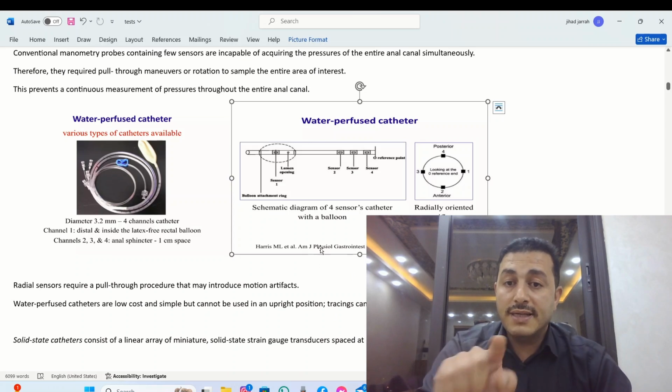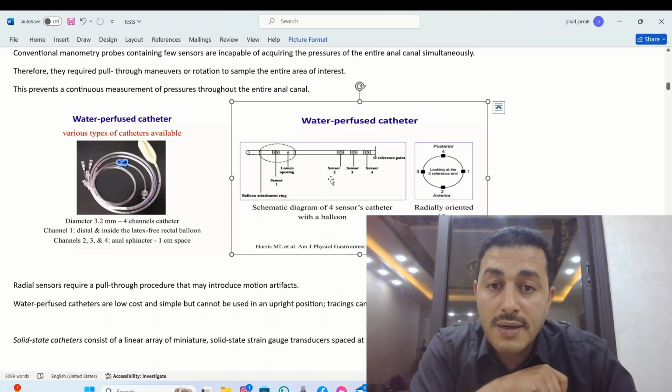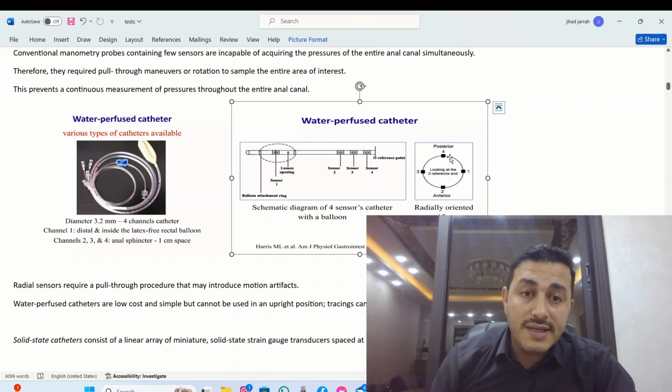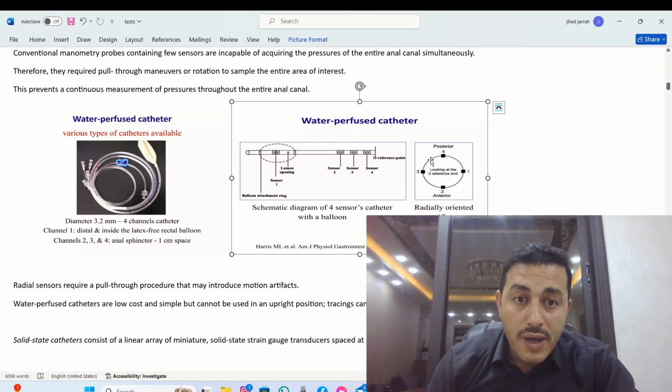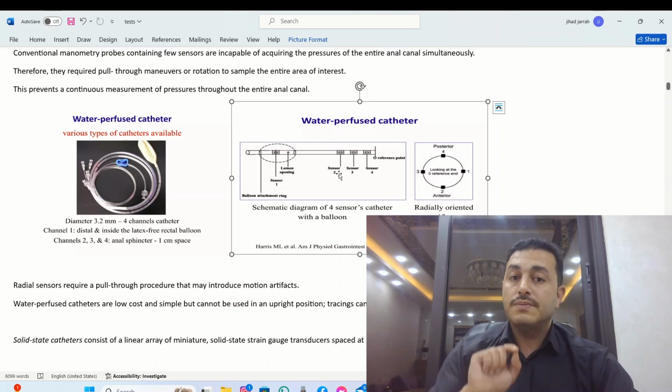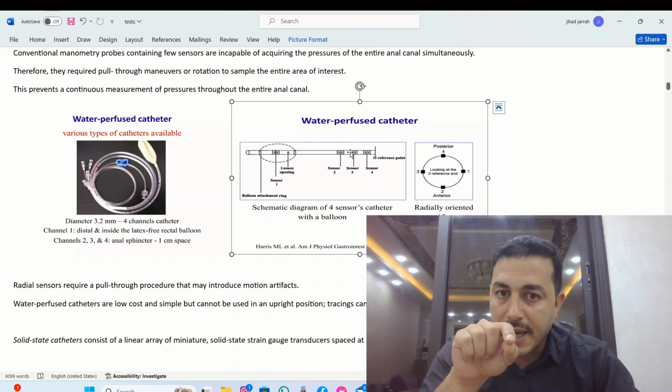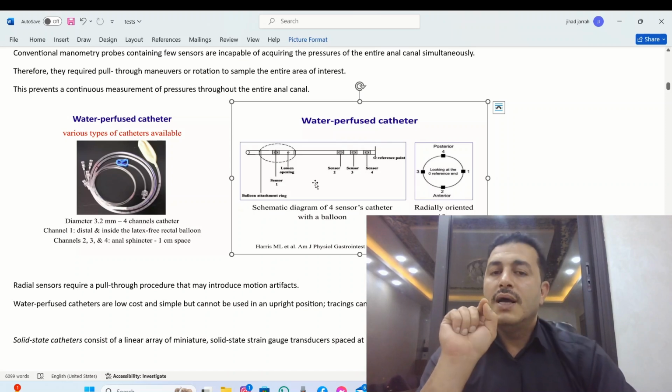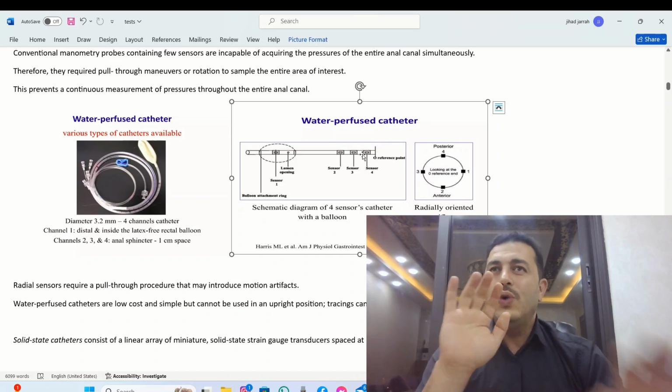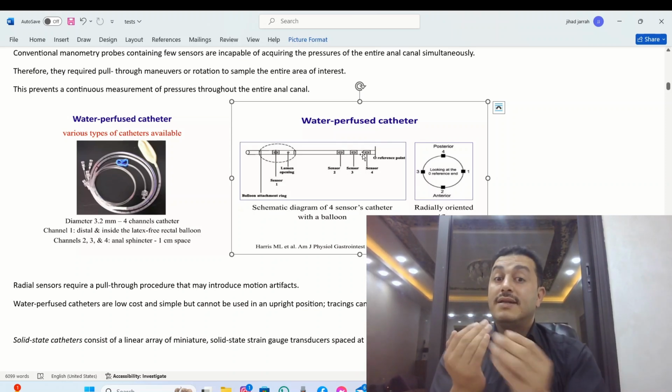You can see here that we have sensor 1, sensor 2, sensor 3, sensor 4, and they are oriented. At each row we have 4 sensors, and they are covered by a balloon, so they are not well oriented.